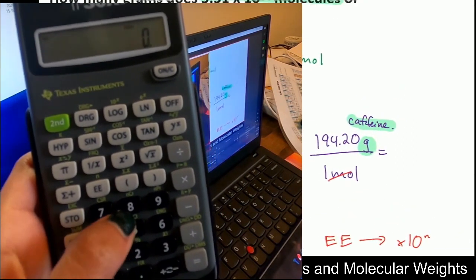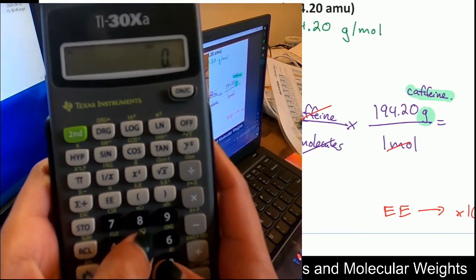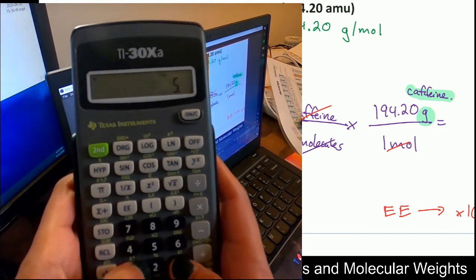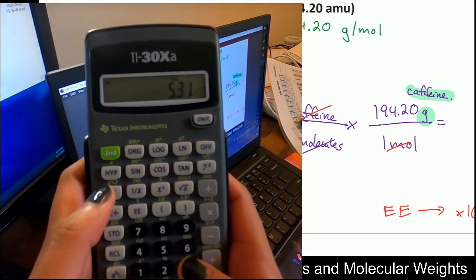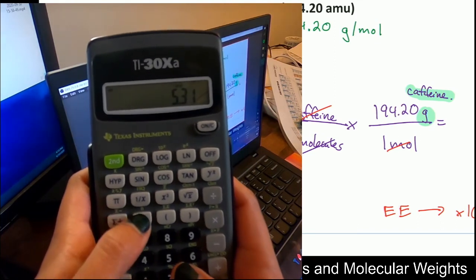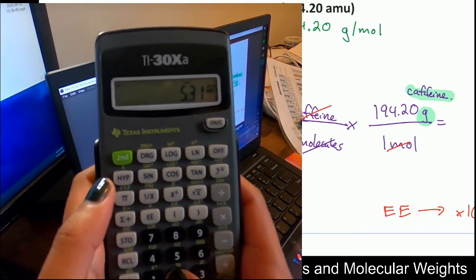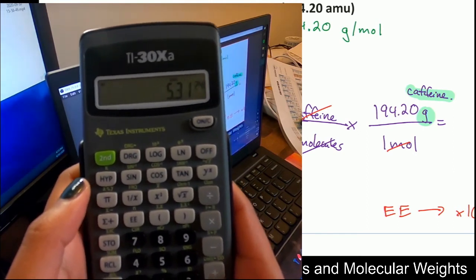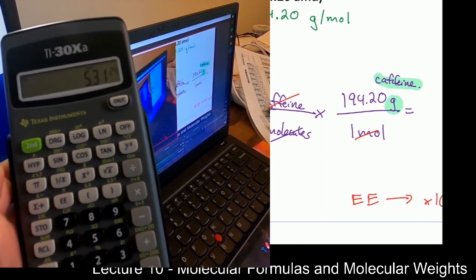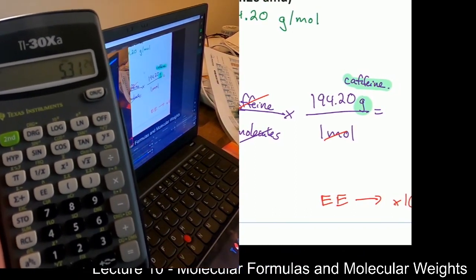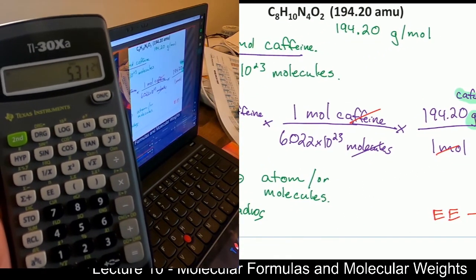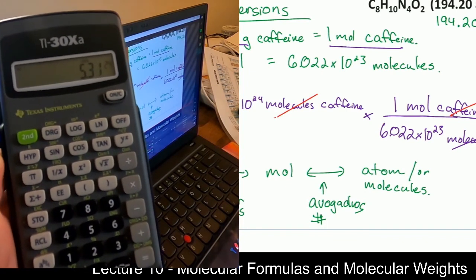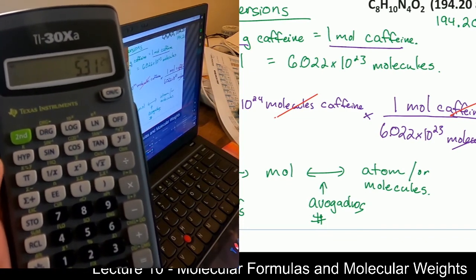Hopefully you wrote down the expression here, but I'll show you how to put it in. We start out with 5.31 times 10 to the 24 molecules. I'm not going to write times 10 to the 24. I'm going to use this EE button and just hit 24. Then we're going to multiply that by 1 over 6.022 times 10 to the 23, so that's Avogadro's number.